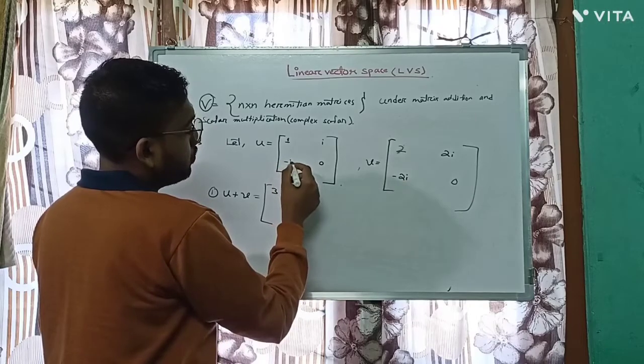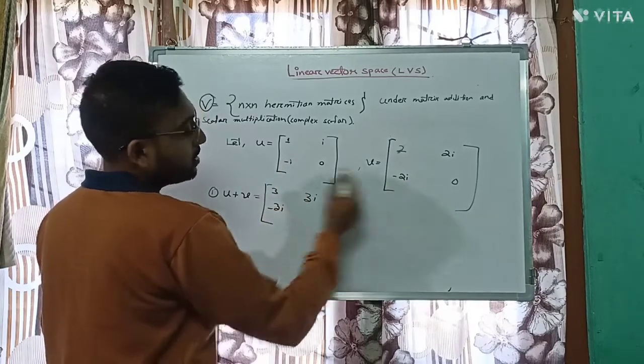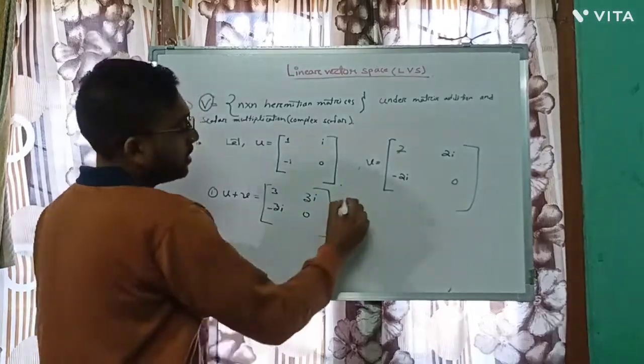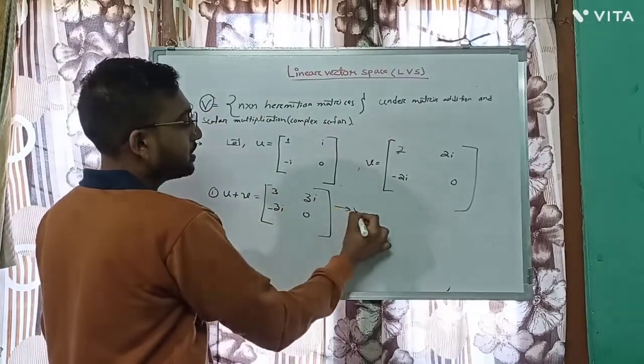Minus 2 plus minus i is minus 3i. This is 0. So this matrix is also a Hermitian matrix, you can check. That means this matrix is lying in this set V. So this property is satisfied.